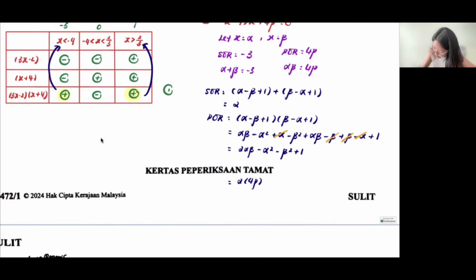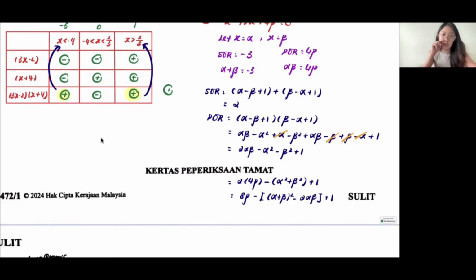I'm doing it very slowly. Take out the negative first. This becomes alpha square plus beta square, but not exactly what we want. Negative, leave it outside. I can factorize the square out, but you have to minus 2 alpha beta.